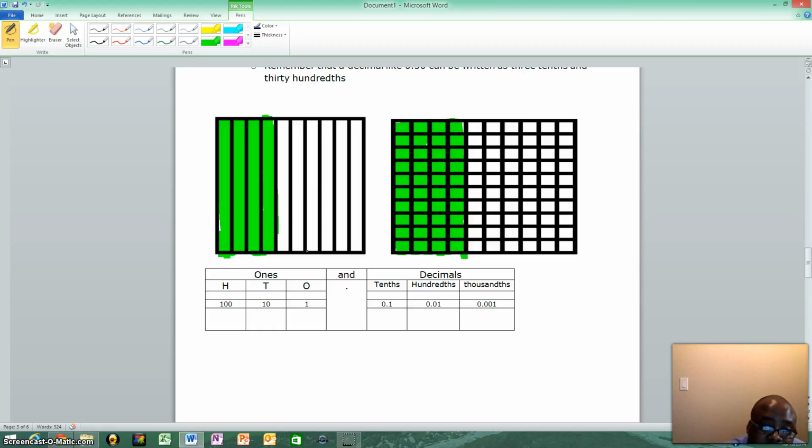So on my place value chart, I see that I have 1, 2, 3, 4. So I have 0, decimal, 4, 0. And if I look at this one, the same one, I see that I have 10, 20, 30, 40.